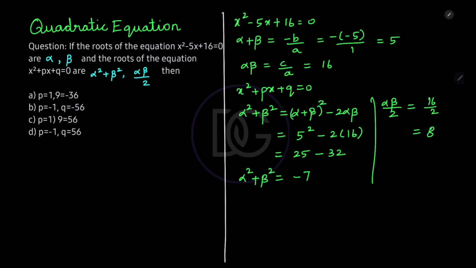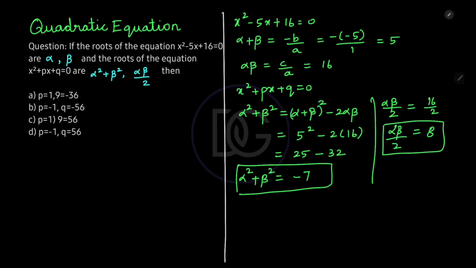So it is 8. Now just construct the equation with the help of these two roots, that is alpha square plus beta square and alpha beta by 2. So it will be x square minus of alpha square plus beta square plus alpha beta by 2 into x plus the product of these two roots equal to 0.